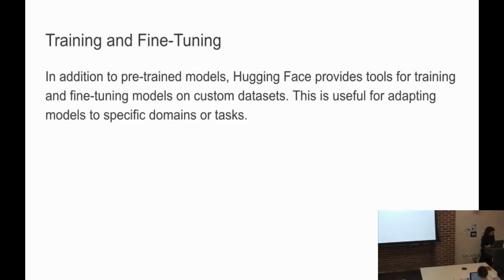The other thing I wanted to briefly mention is that you can also fine-tune a model to your own task. There are different ways of fine-tuning, and the one I have in the notebook is one way to fine-tune. There are many different ways, and you can read about that.